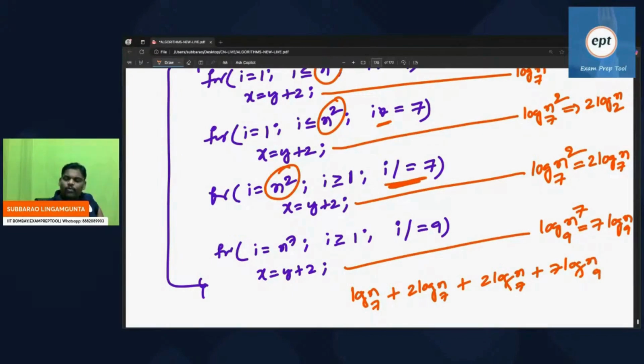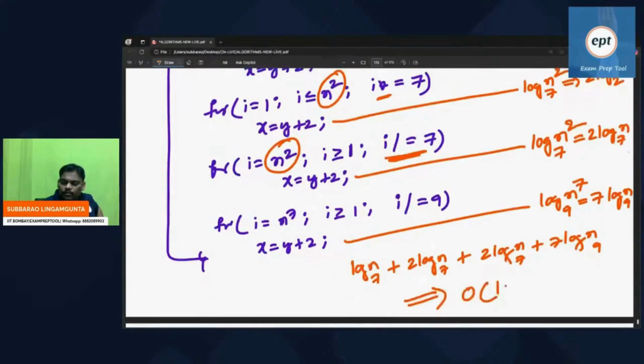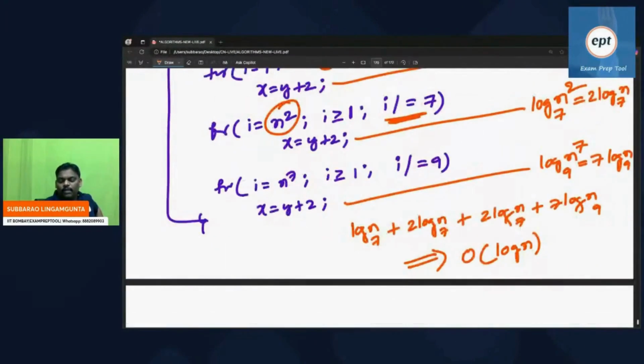So forget about all the constants. Constants cannot affect anything. Answer is big O of log n. Forget about the base, whatever the base may be. All bases differ by a constant.